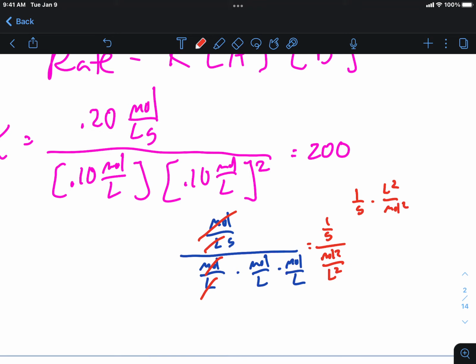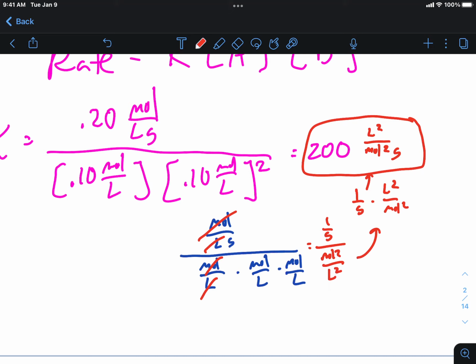And so your final unit is liters squared over moles squared seconds. Okay. Now you have a working rate law because you have the orders and you have the rate constant.